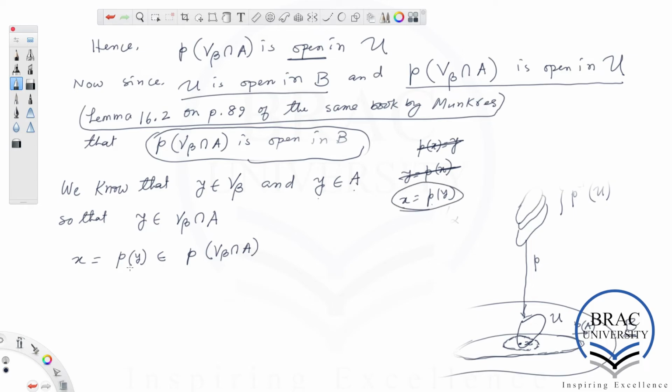So X is equal to P of Y, which means that X belongs to P of V beta intersected with A. Okay, and obviously P of V beta intersected with A is a subset of P of A.